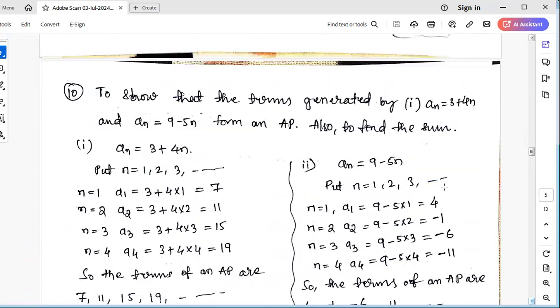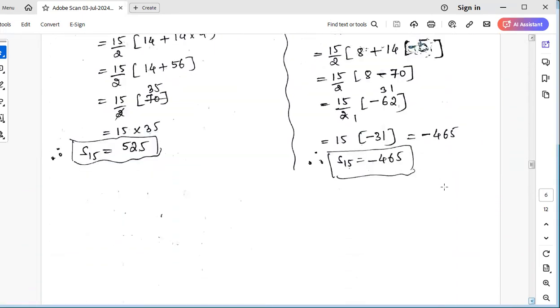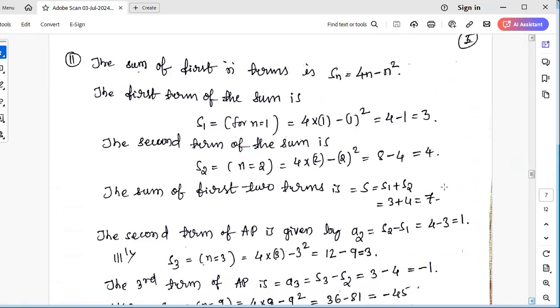The solution of this problem is like this. Given that the sum of the n terms is Sn equal to 4n minus n square. From this, first we will determine the first term of this sum.